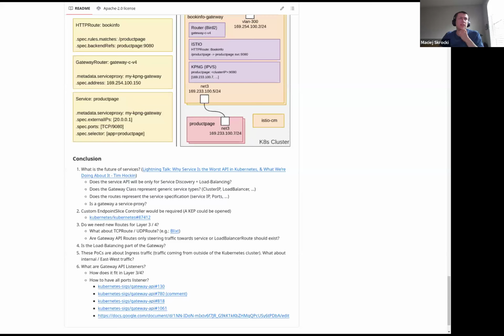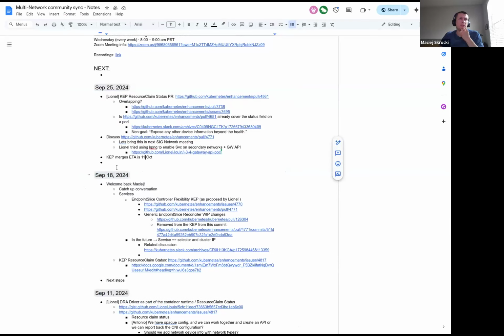Are there any other topics to discuss? I think from this, the next step for us is to drive Lionel to the resource claim status, right? And I think we need to finalize a design doc for how we want to move on with multi-networking in OSS.